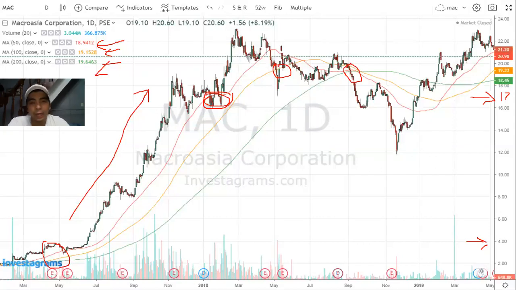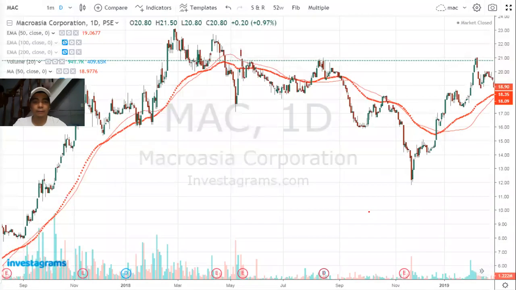Next, if you pull out at around the 50-day moving average, maybe it's around 19. Same with the 100-day moving average area right here, let's assume it's around 20. So you have 5 times more of your money if you start investing below, when it is all above the 50-day, 100-day, and 200-day moving average.